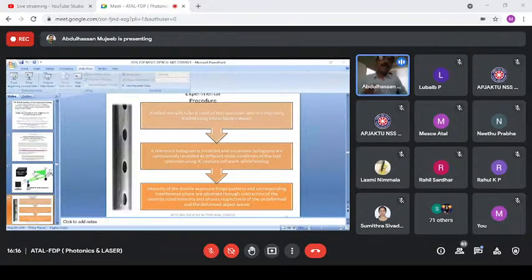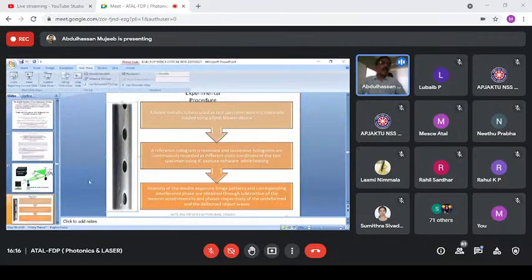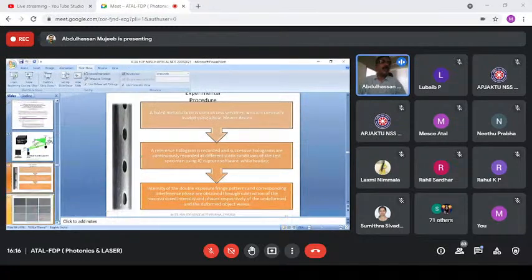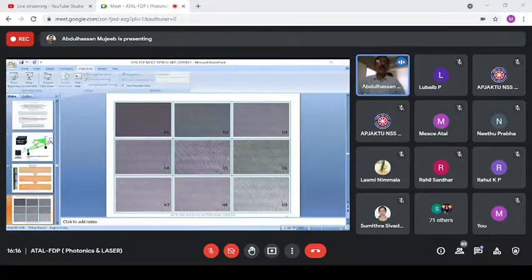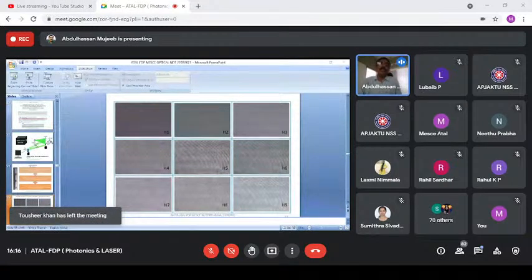A reference hologram is recorded initially, and successive holograms are continuously recorded. Then the holographic fringe patterns are processed. You know, this is a fringe pattern.